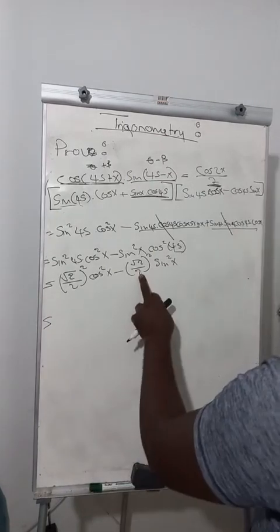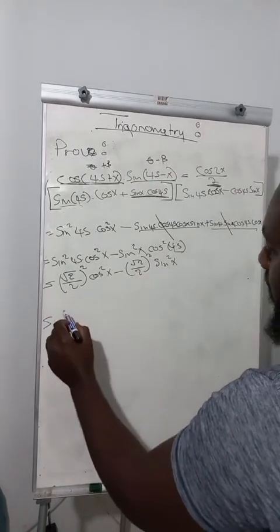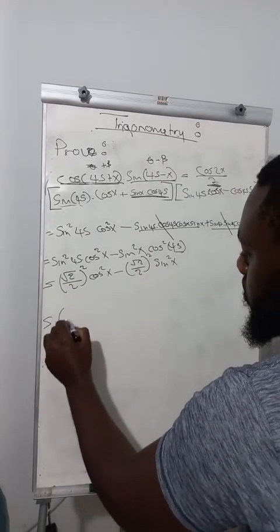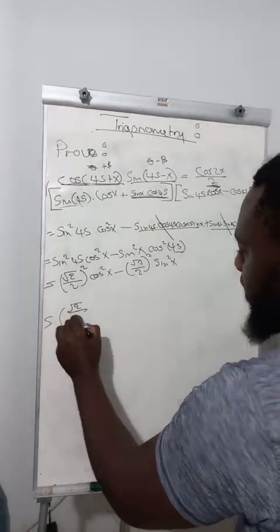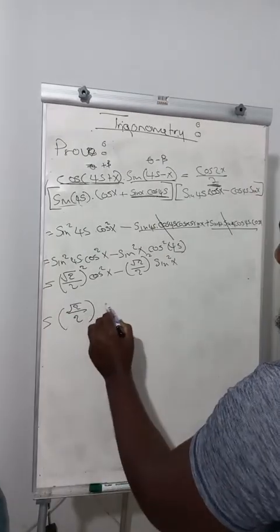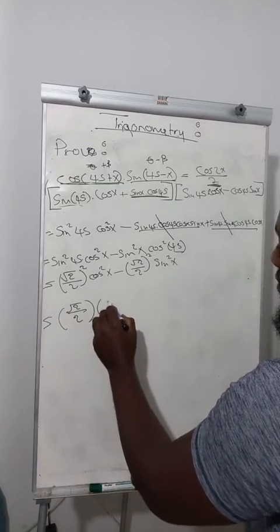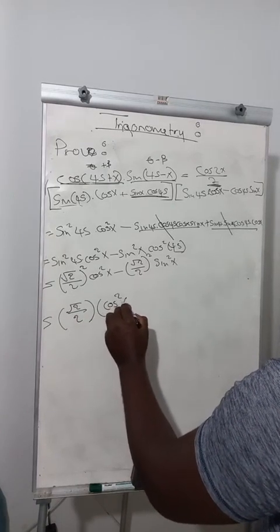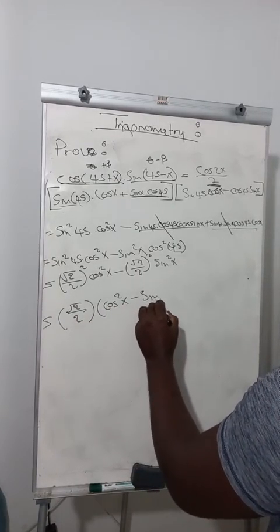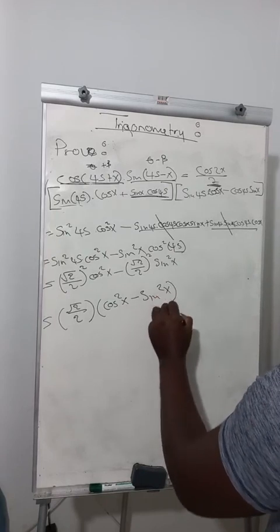Now I can remove this as a common factor. I'll have the square root of 2 divided by 2, and then I'll have cos squared x minus sine squared x.